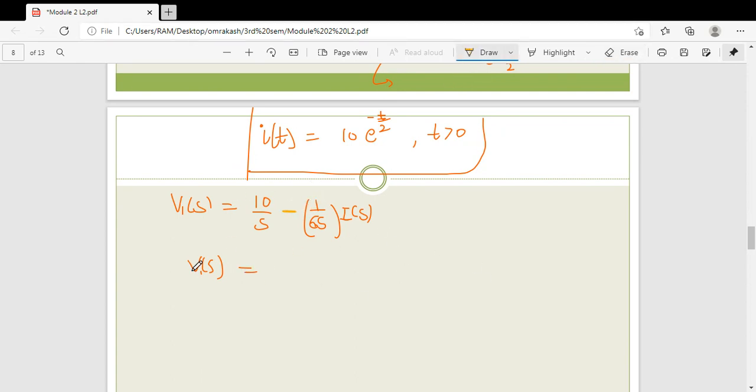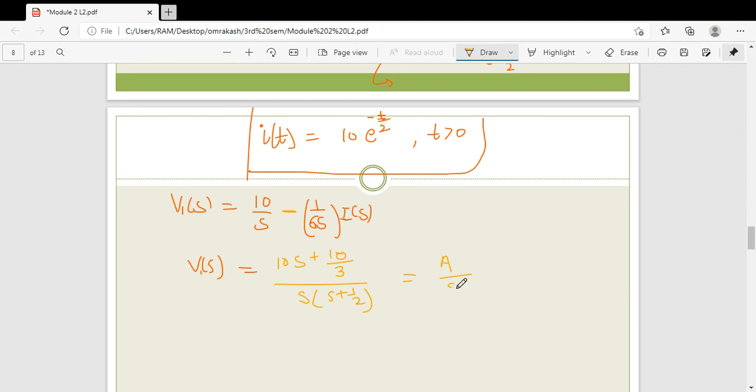Now solve this V1 of S. When you solve this circuit, you will find this V1 of S is nothing but 10S plus 10 by 3 divided by S into S plus 1 by 2. So that much value you will get, and then separate out this equation in terms of variables.